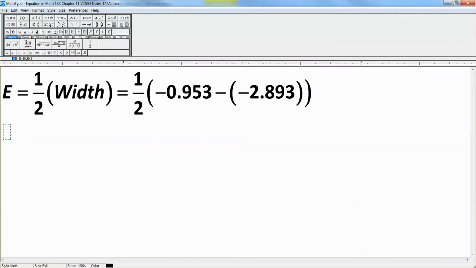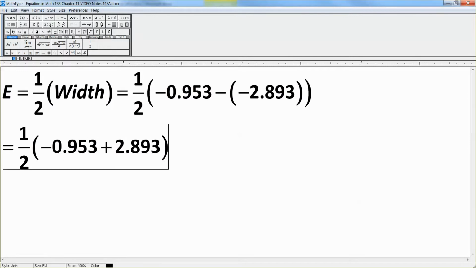So let me write that. So this equals a half of negative 0.953 plus 2.893, which is half of 1.94.